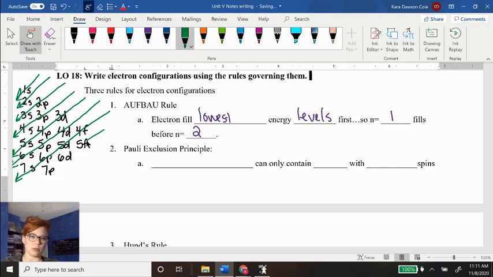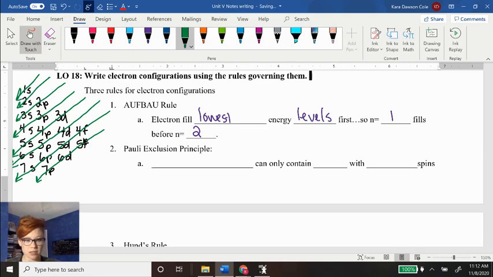And then finally we'll fill 5f, 6d, and 7p. So that is how we order this. You just layer them 1s through 7s, 2p through 7p, 3d through 6d, and then 4f through 5f.